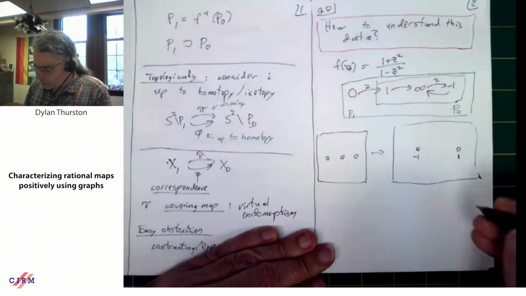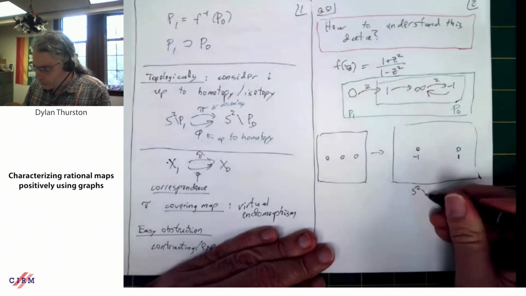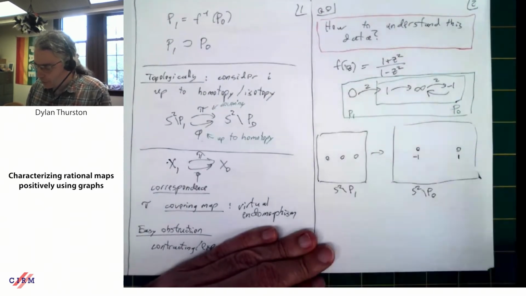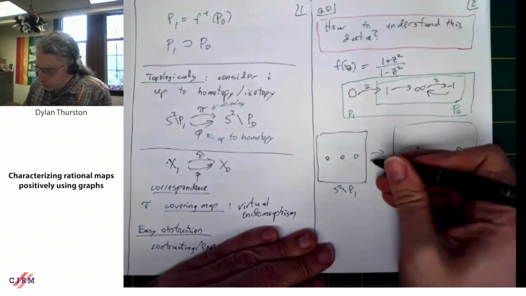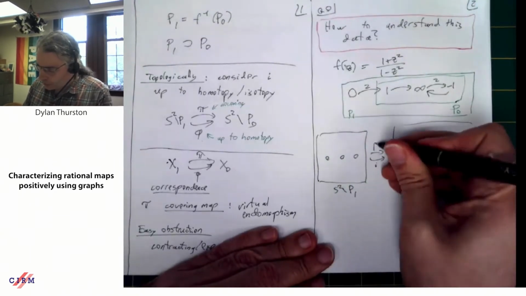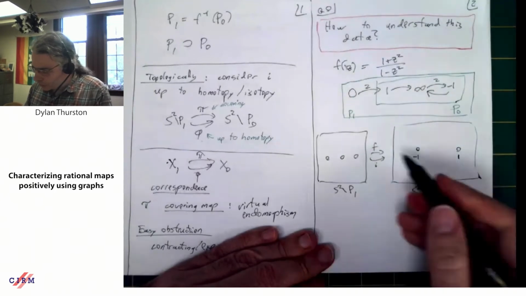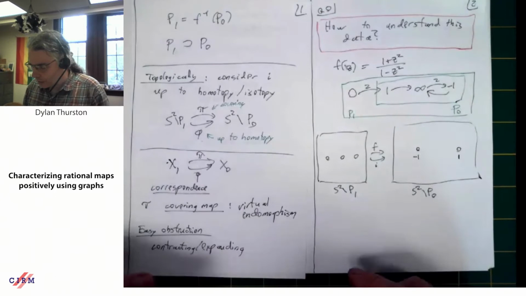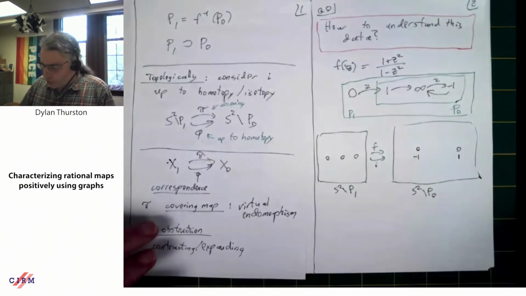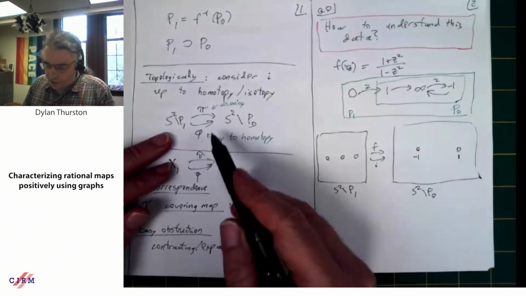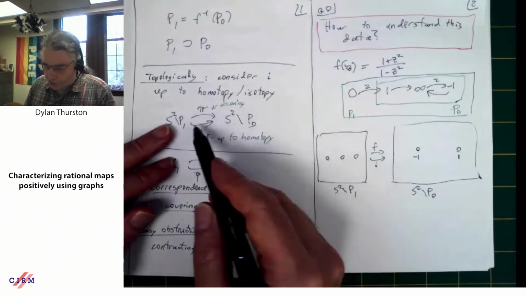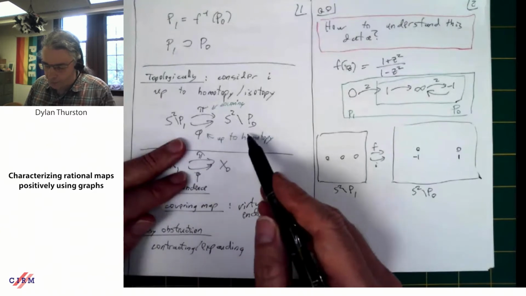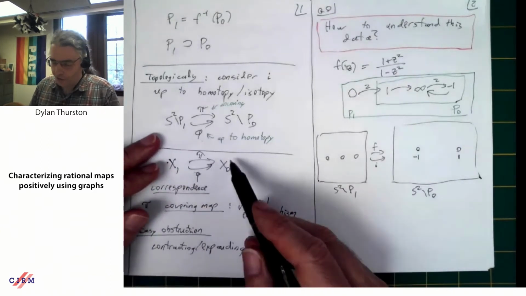So this is the data that we have here. And there are really two maps here. One is the inclusion map and one is the covering map. And the covering map is wrapping around in some ways, so how do we draw a picture of that? One key is that a covering map is basically a homotopical thing, and we only care about it up to homotopy for the classification theorem.